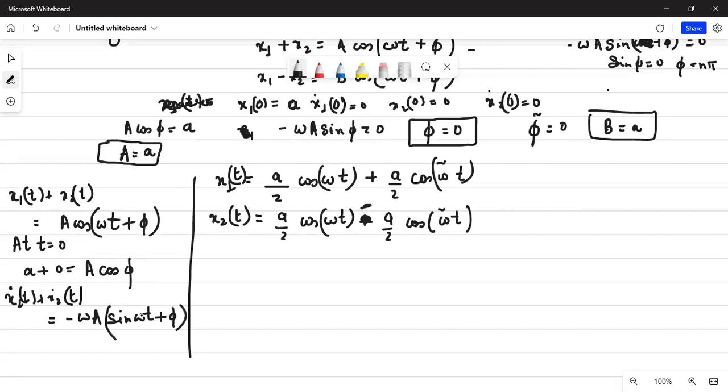Is that clear? Now, if you replace at t equal to 0, your x1 dash was 0 and your x2 dash was 0, so this is 0, and this will be minus omega sine phi. This is what I'm telling you right now.